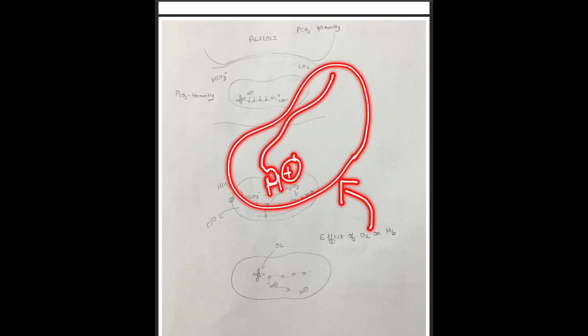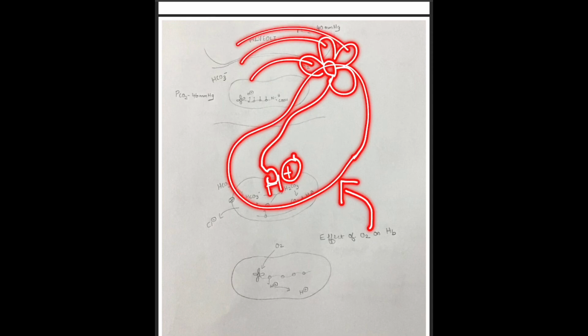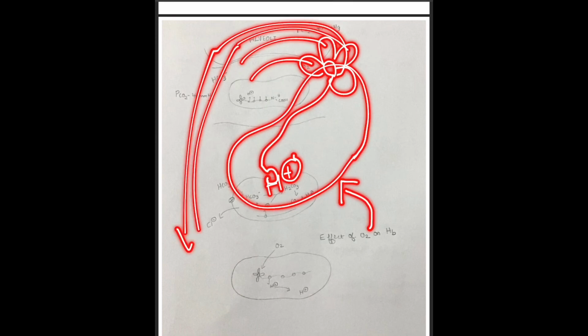By doing so, the oxygen molecules in the hemoglobin move outside and are delivered into the tissues. This is known as Bohr effect. This happens in peripheral tissue.